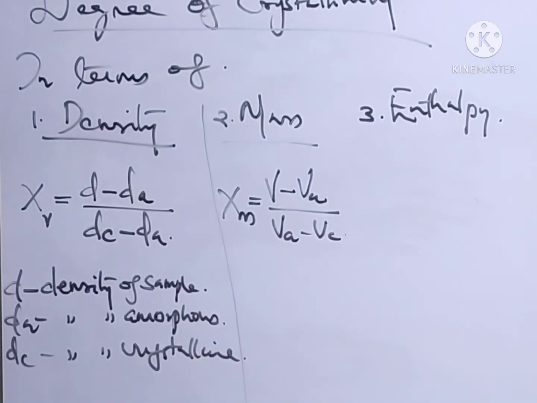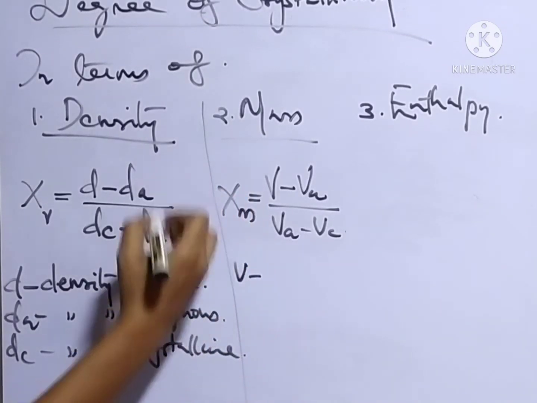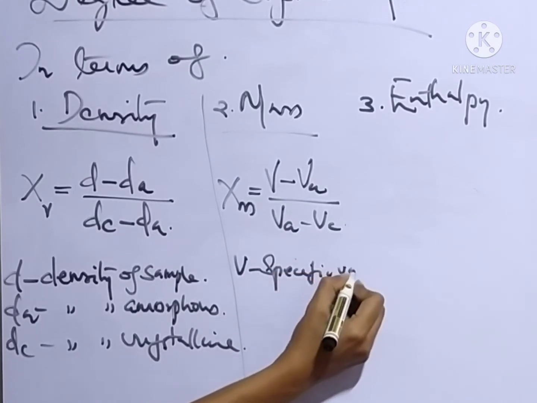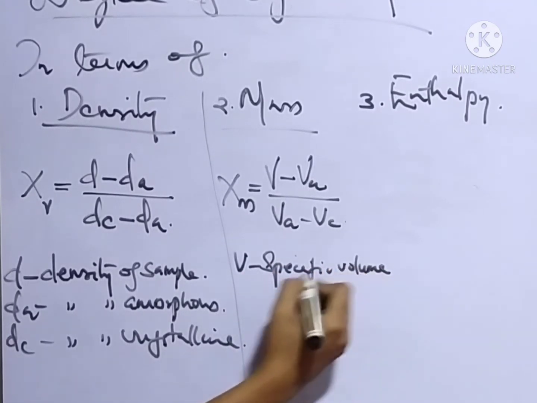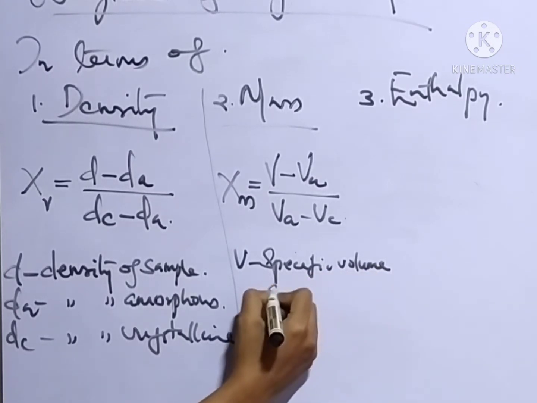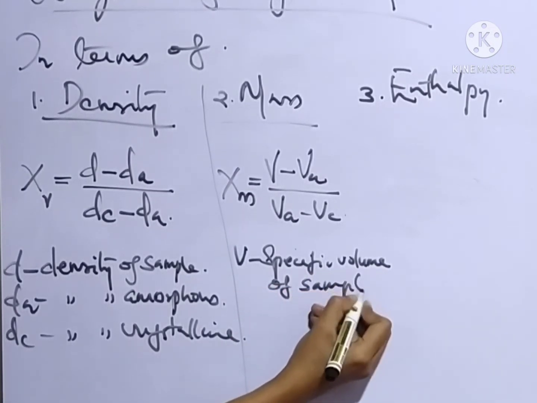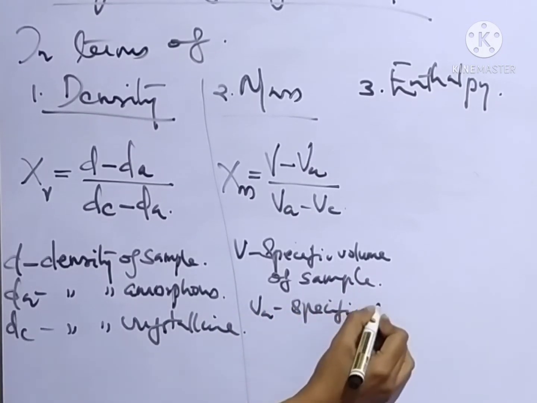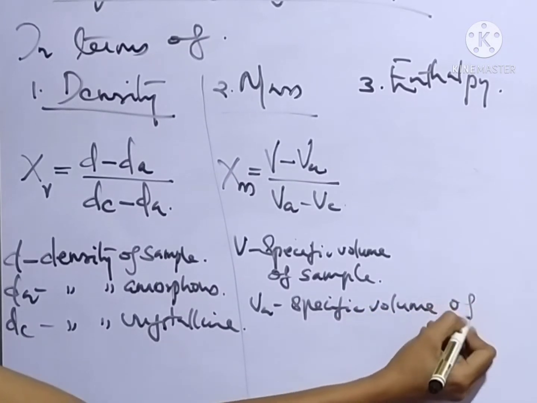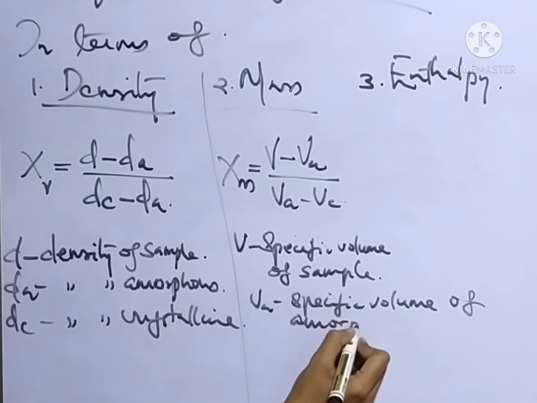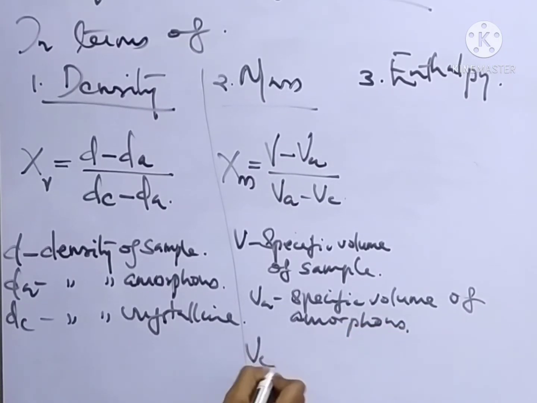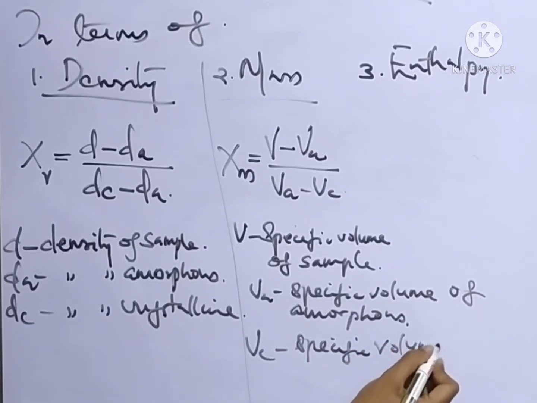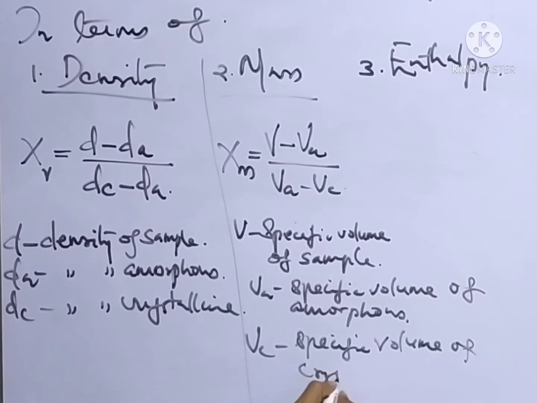And here V is the specific volume of the sample, VA is the specific volume of amorphous region, and VC is the specific volume of crystalline substance.